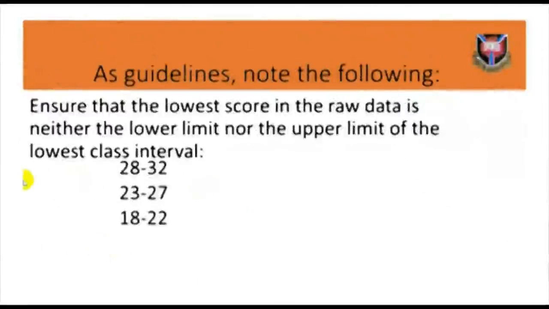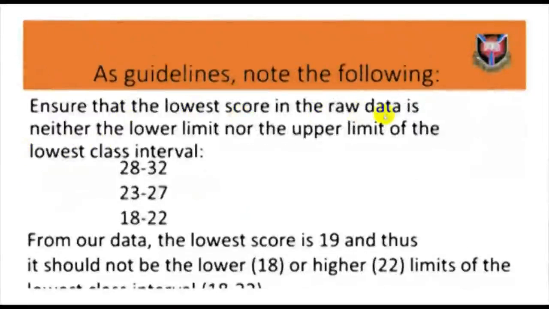A. Ensure that the lowest score in the raw data is neither the lower limit nor the upper limit of the lowest class interval, or else the number of class intervals emerging may exceed or be less than the expected from your calculations. B. Classes must be mutually exclusive, that is, they must not overlap.